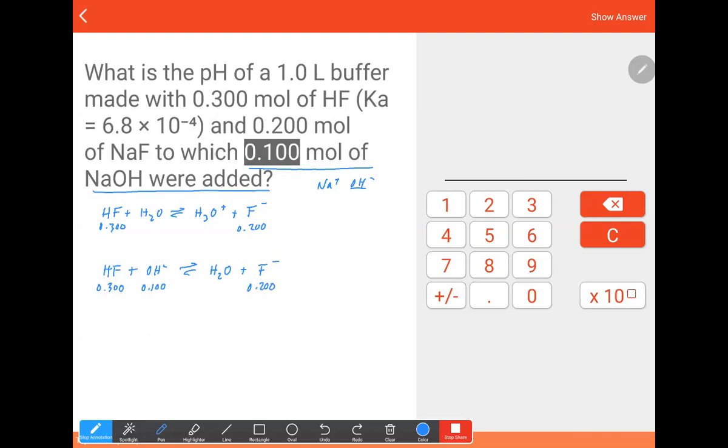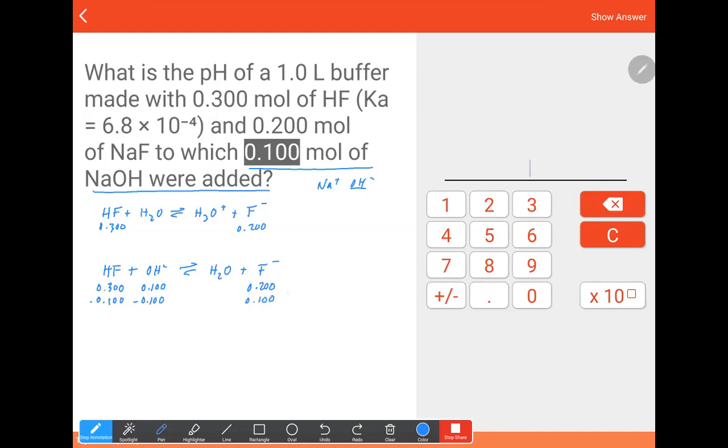And so what we would do in an ice table here is show what we're doing. We're going to use up this OH. It's going to react with this, and it's going to create F minus here.